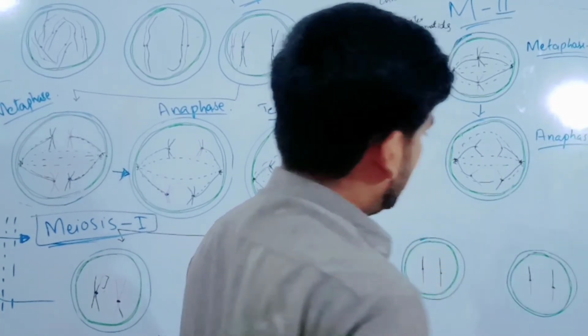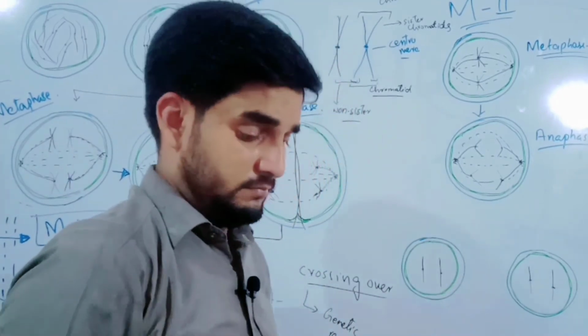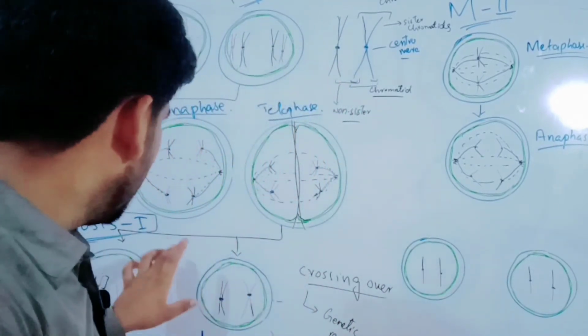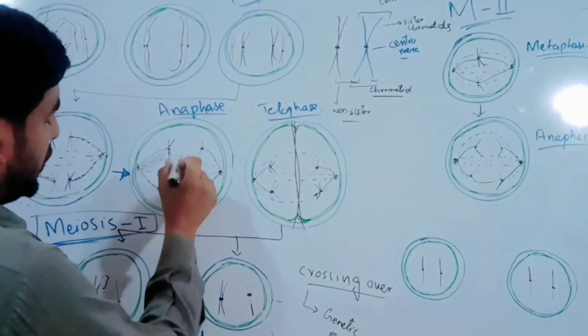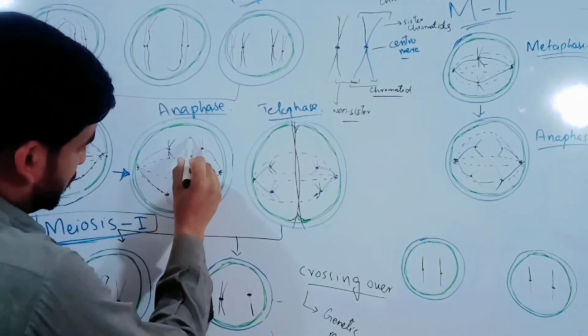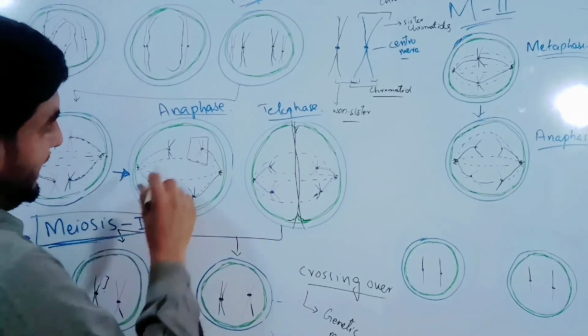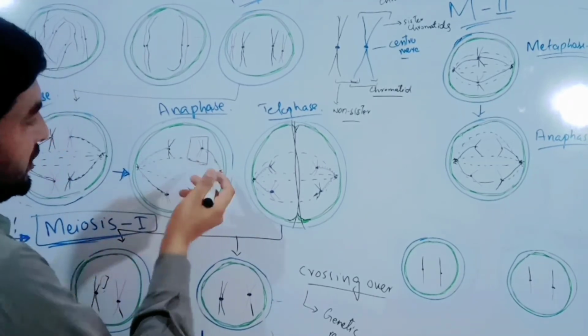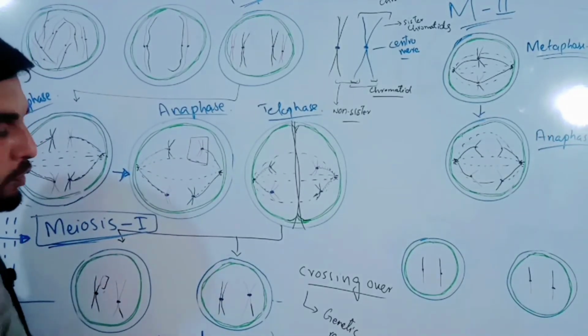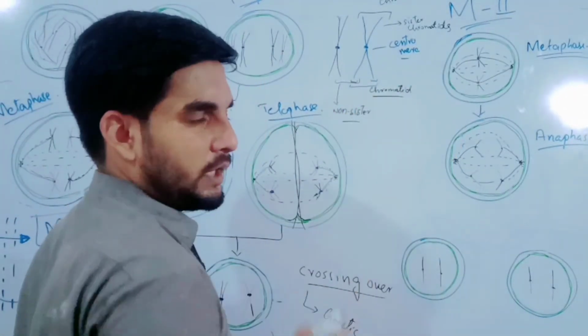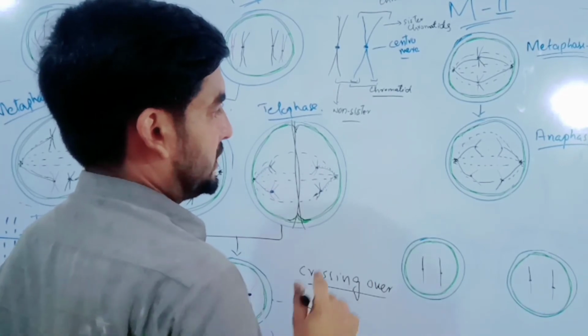Keep in mind here there was the separation of the homologous chromosome pair, and each chromosome of a homologous pair moves apart. Now there are not any types of pairs present.